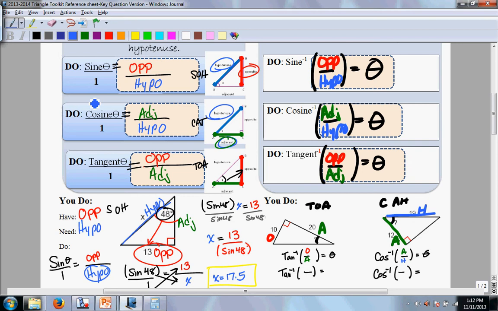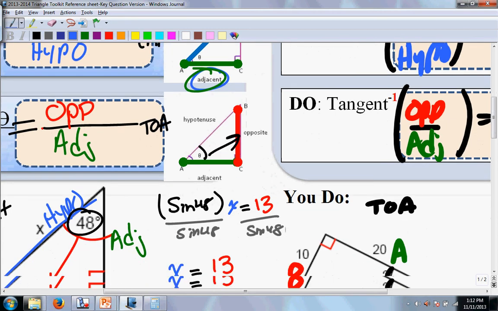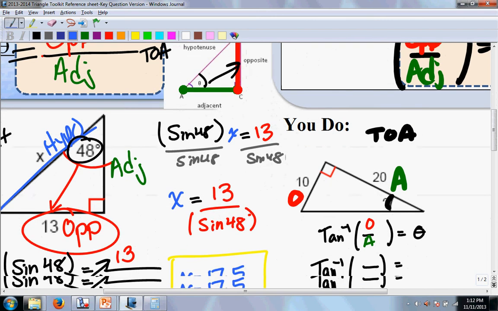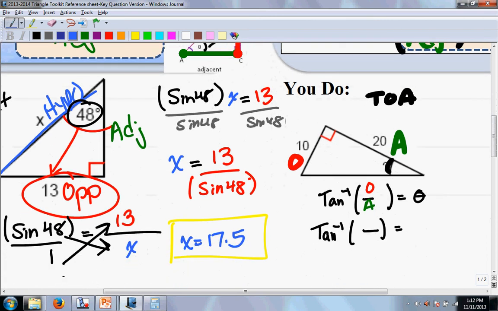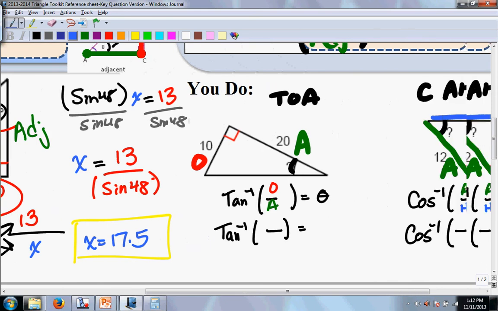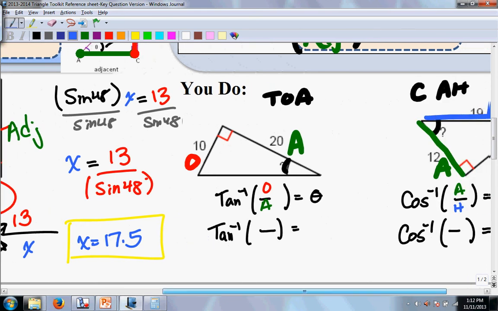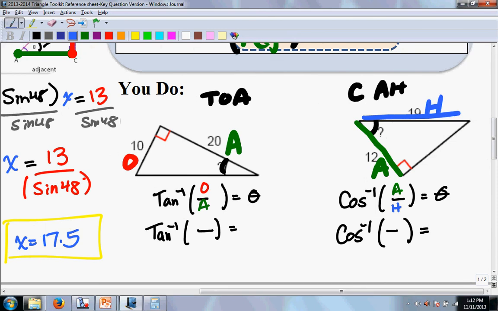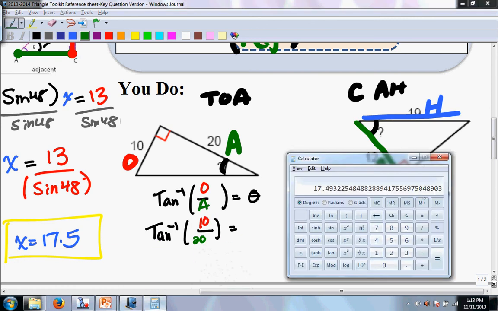Let me bring this close so it's easy to see. Okay, so for here, we're going to do inverse tan opposite, which is 10, over adjacent, which is 20. So you do inverse tan, 10 divided by 20 gives you theta.